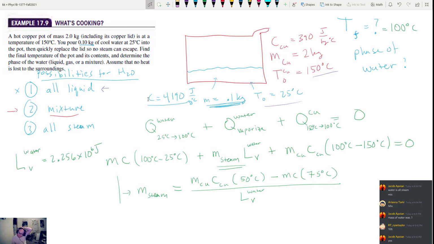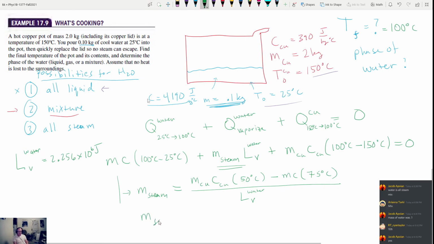All right. Okay, copper: 2 times 390 times 50, minus the water, which was 0.1 times 4190 times 75, divided by 2.256 E6. This is the right answer, 0.0033.